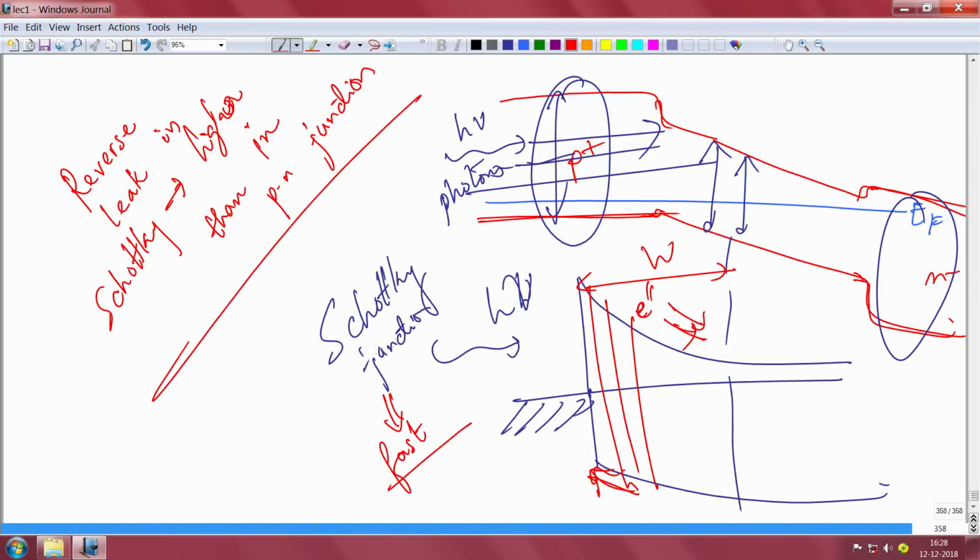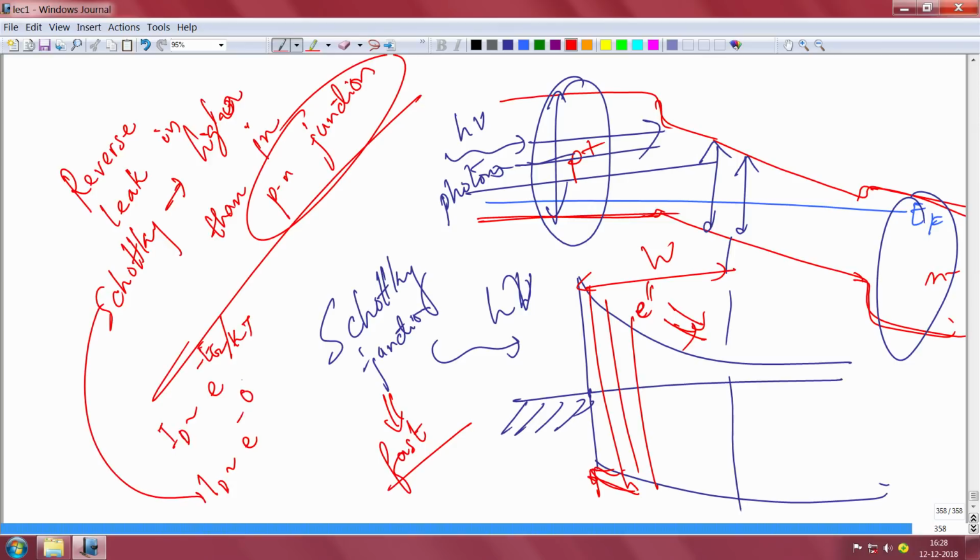You cannot compare Schottky junction of gallium nitride with PN junction of silicon. Talking about the same material. In PN junction, the dark current goes as e to the power minus Eg, the bandgap, by kT. In Schottky, the leakage current goes as e to the power minus Schottky barrier by kT. Schottky barrier is this. A Schottky barrier will never be as big as a PN junction bandgap. So your leakage in the Schottky junction is slightly higher. You can get faster devices but little noisier. So depending on the application that you are looking at, you can go do that.